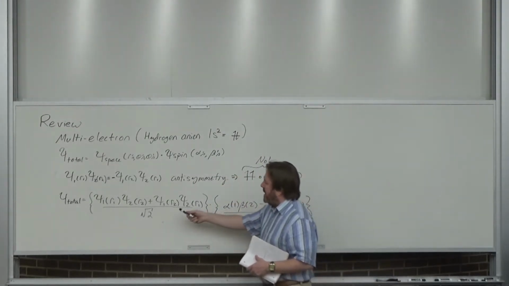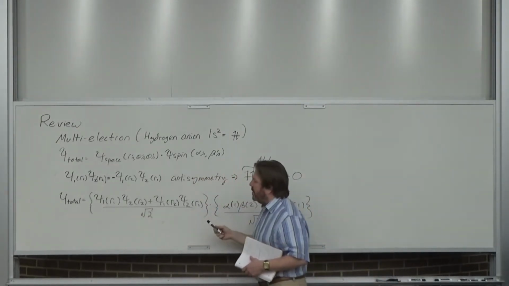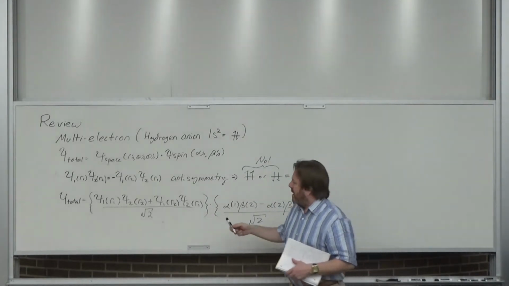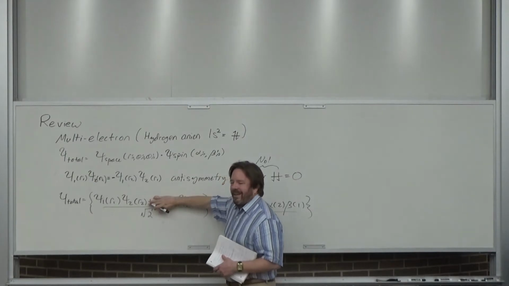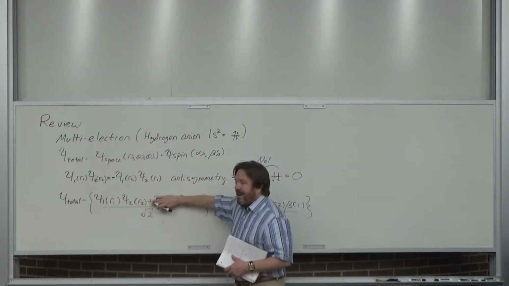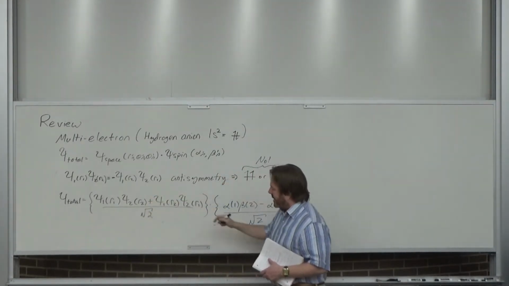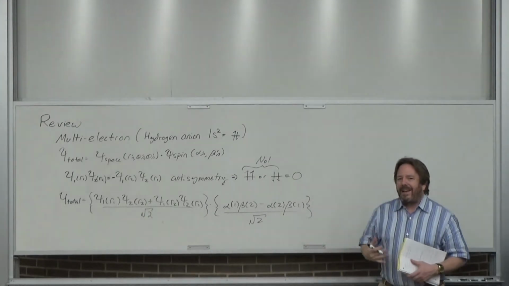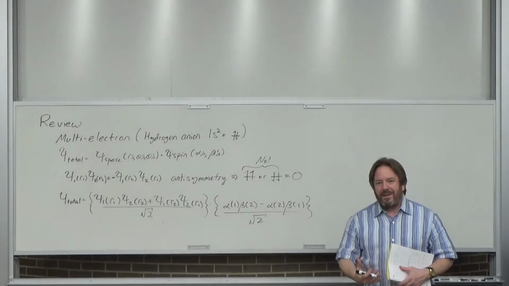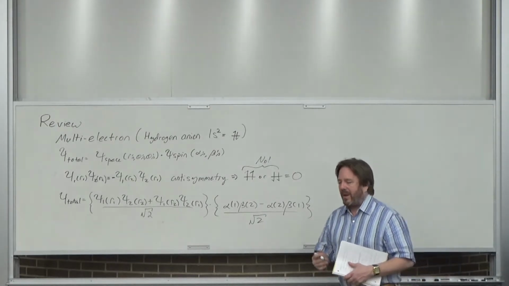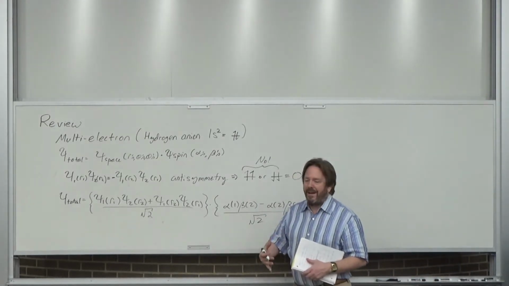Now remember, this part here is because I can't distinguish between electrons 1 and 2. If I just wrote one of these terms, most classes and even textbooks never tell you that you actually have to write it this way. I would prefer to do that too, but I don't want to tell you something that's not true, even if it's a little complicated.